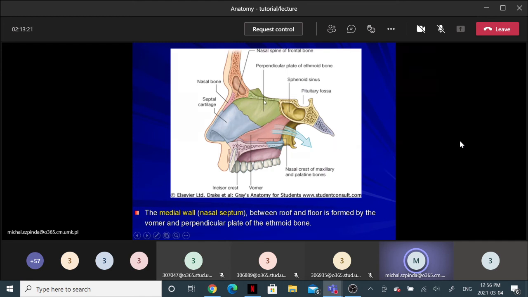In its superior part, it's composed of the perpendicular plate of ethmoid bone, and inferiorly it's composed of the vomer. As you can see, both form in front a notch. In all, the osseous septum just looks like a tenant flag.